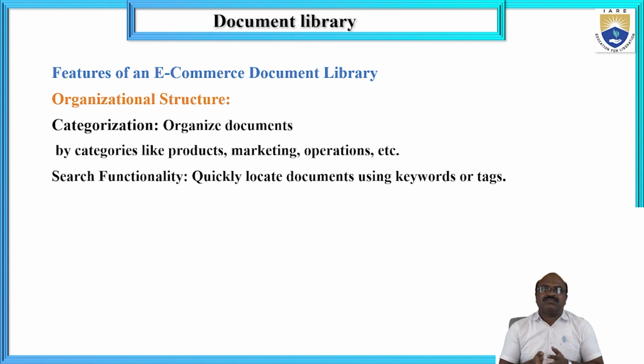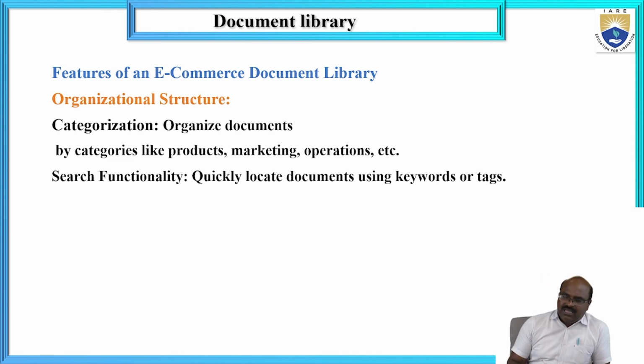Then the organizational structure maintains the search functionality. With search functionality you can quickly locate documents using keywords or tags. Keywords and tags are the most used search functions. Why? Because a company name can be a big name, and those long forms can be simplified into short forms like HCL. Then the words are reduced and searching is very easy.